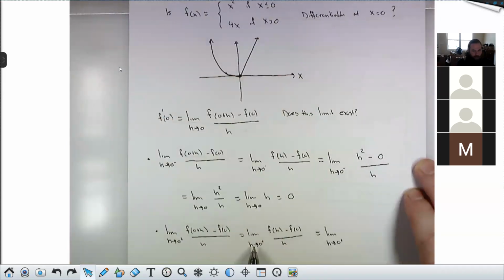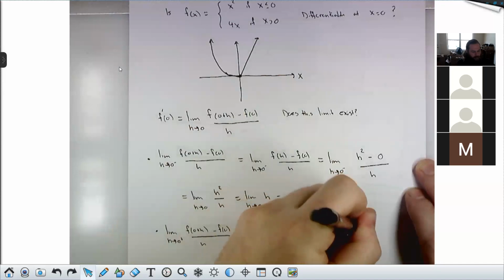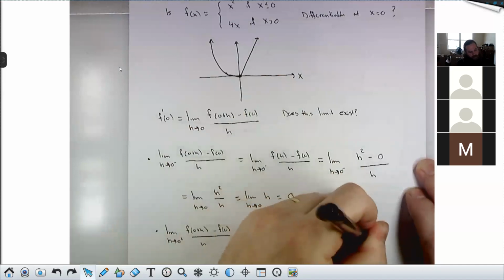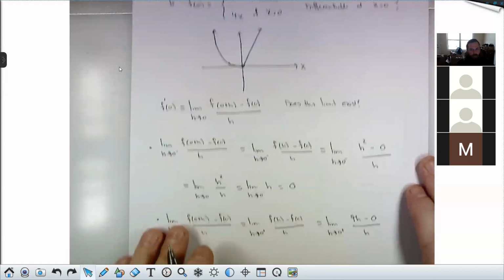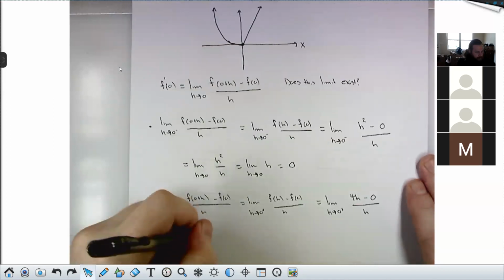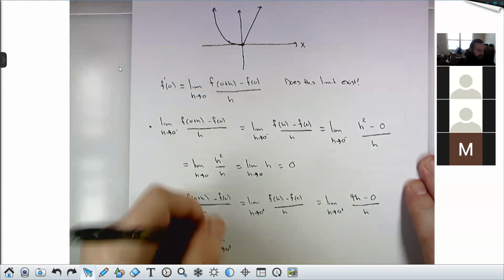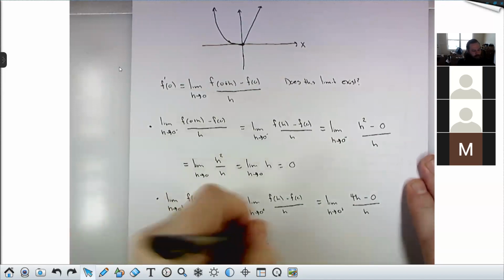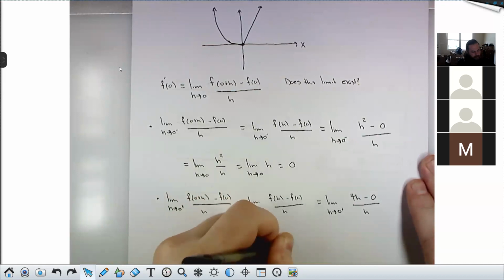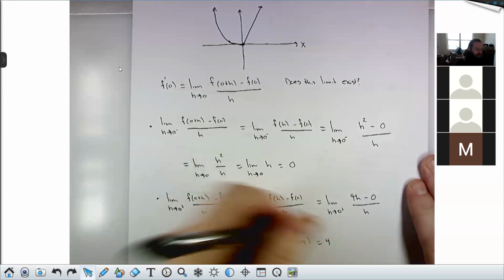So if h is a little bit bigger than 0, then f of h is 4h. So this is 4h minus 0 over h, instead of h squared minus 0 over h. Cleaning that up, that's just the limit as h goes to 0 from the right of 4h over h. You can cancel the h's and you get the limit of the constant function 4, which is 4.